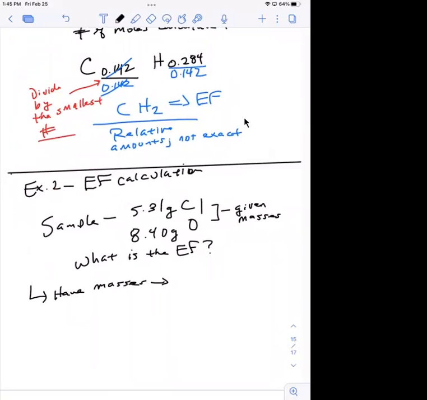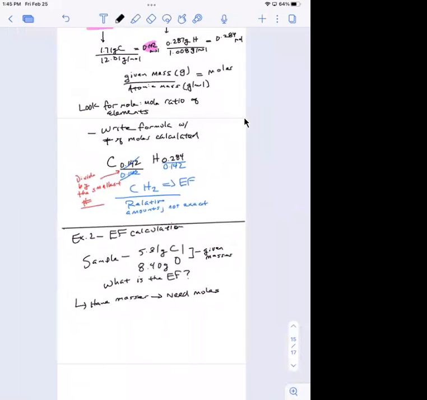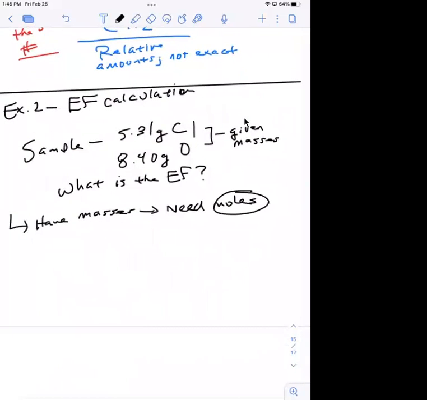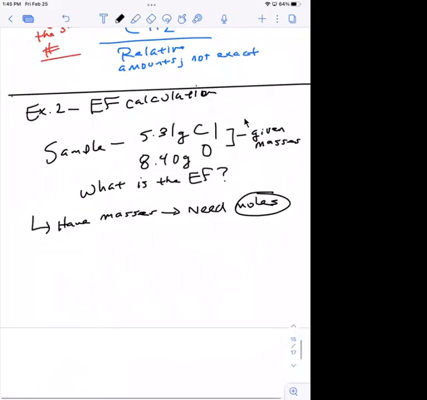Is it the total mass of them together, of the entire equation? Yeah, so we need the number of moles. In this case, what we're looking for is the mole ratio between chlorine and oxygen. And we can determine the moles using the molar mass of each element.